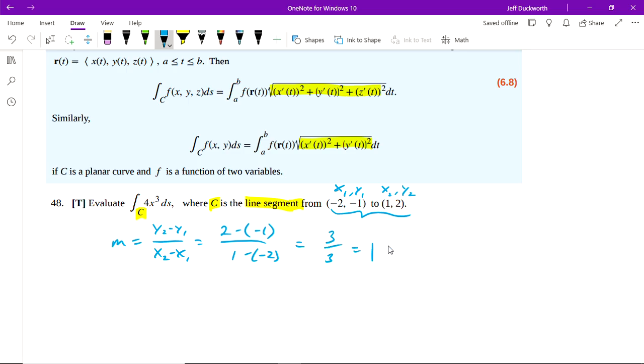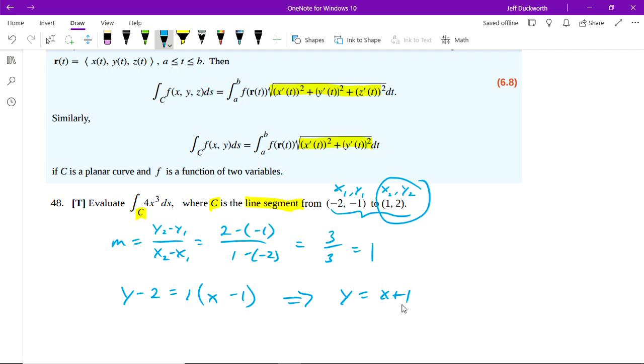And then we take one of those 2 points and determine what the actual equation for the line is. So y minus, I'll use the second point there, y minus 2 equals 1, which is our m, times x minus 1. This is point slope form, and this should get us to y equals x plus 1.